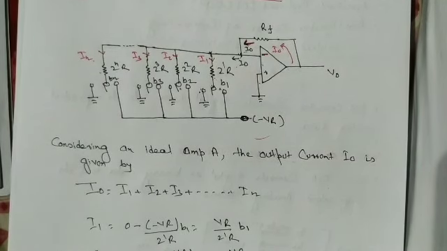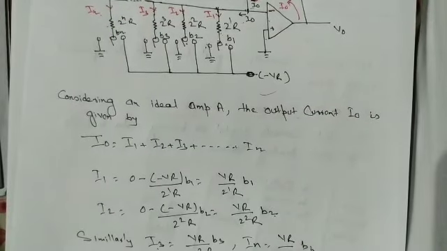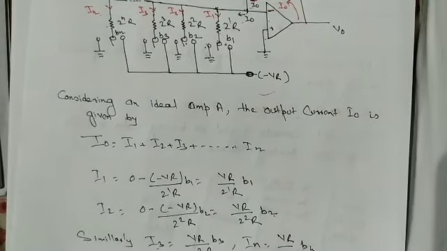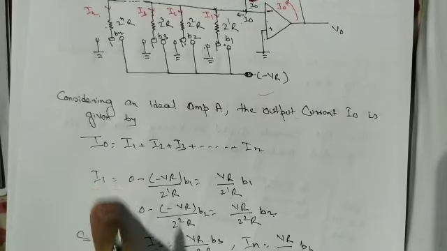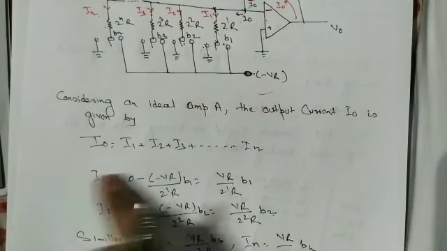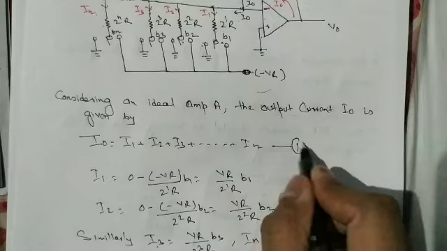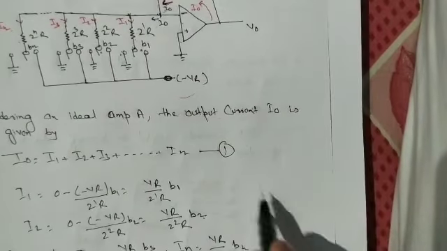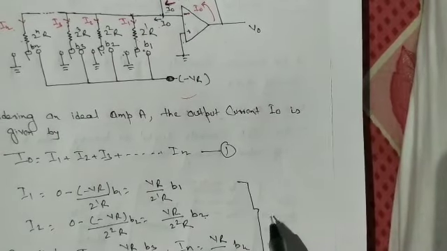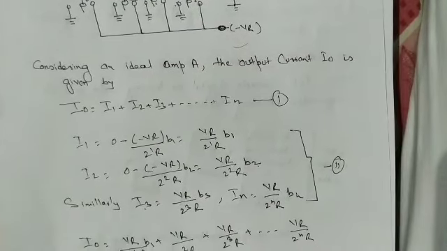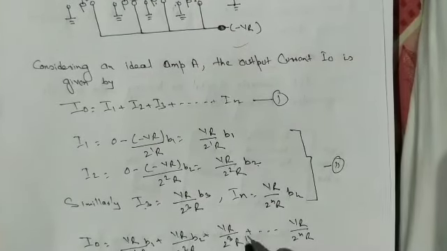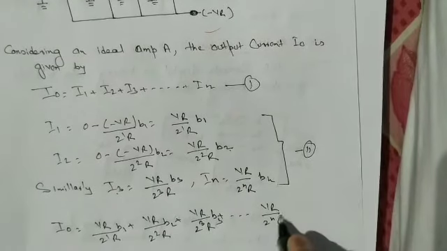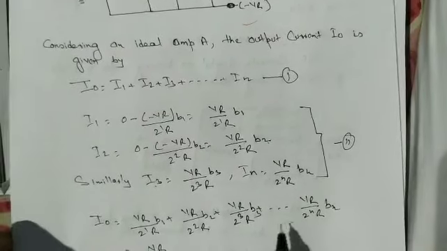In VR divided by 2 to the power N R into Bn. Now I0 will be equal to, putting the value of each current I1, I2, I3 in this equation. Let us take this equation 1 and these as equation number 2. From equation 1 and 2 we are getting the value of this expression.